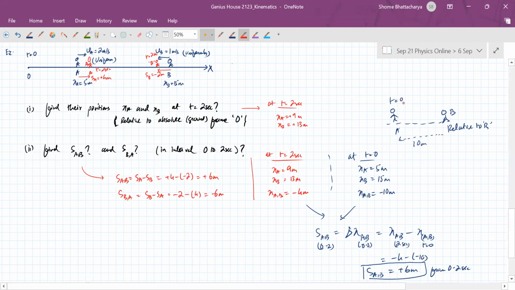But by the time you came to 2 seconds, A was over here. So this is your displacement of A with respect to B. You can see it's plus 6 meters. It's plus 6 meters.